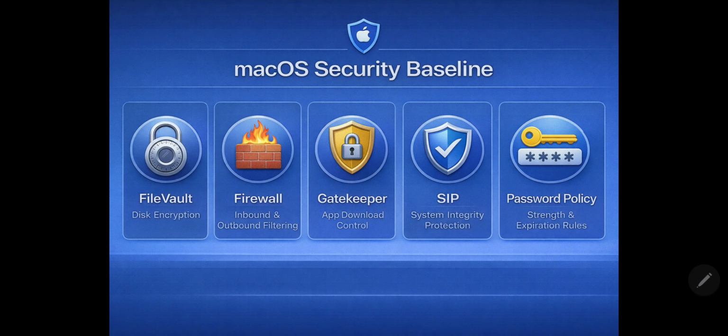Today we are going to learn about the macOS security baseline. Let's get started. The macOS security baseline is a collection of built-in security controls designed to protect Apple Mac devices from common cyber threats, unauthorized access, and data loss.